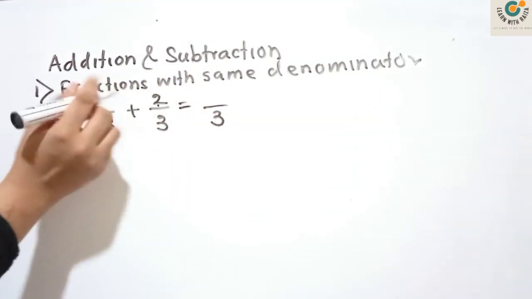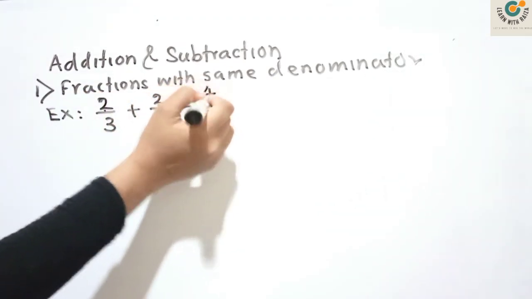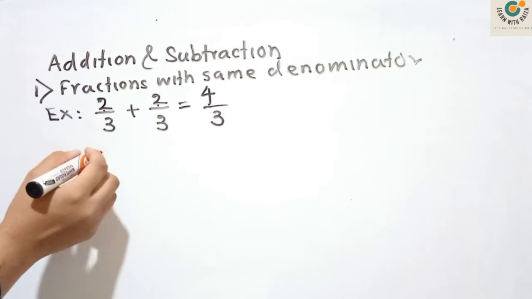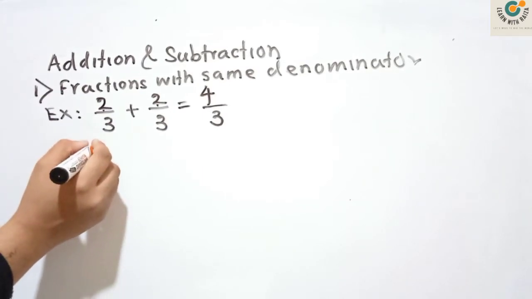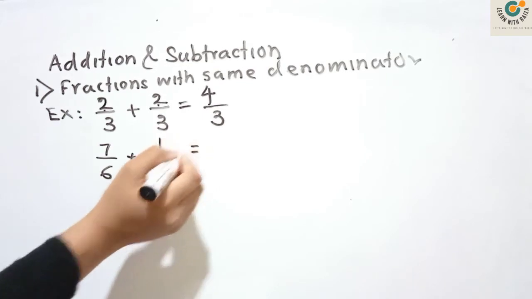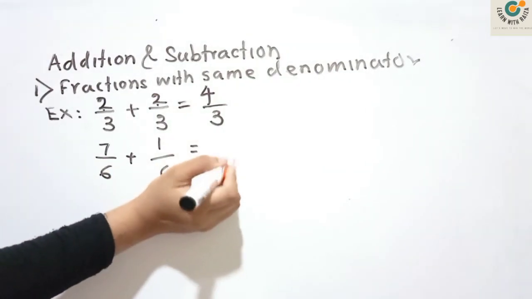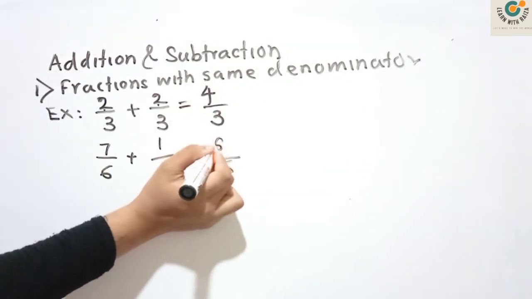Let me make this 2, okay? Add the numerators as 2 plus 2, 4. Or else let me take another example. 7 over 6 plus 1 over 6. Here denominators are same. So you can add the numerators, 7 plus 1, 8.